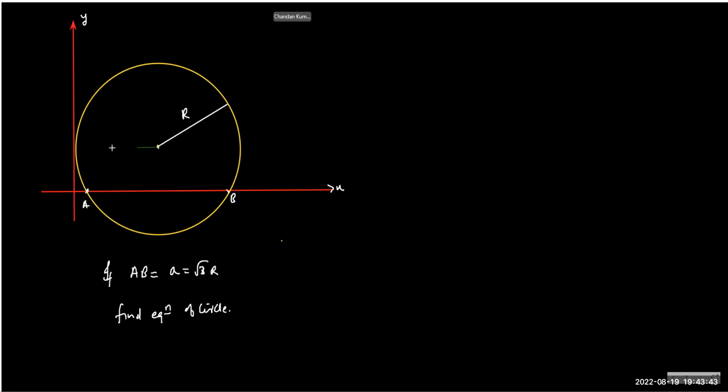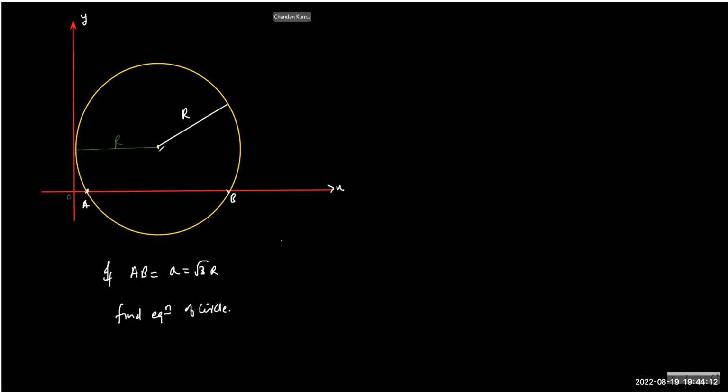The distance of center from this is how much? R. And that is radius, right? And any distance from the y-axis is the x coordinate, right? What do you mean by x coordinate? The distance from the y line. That's the meaning, no? So whether you find from the origin or from the y-axis, it's the same thing.